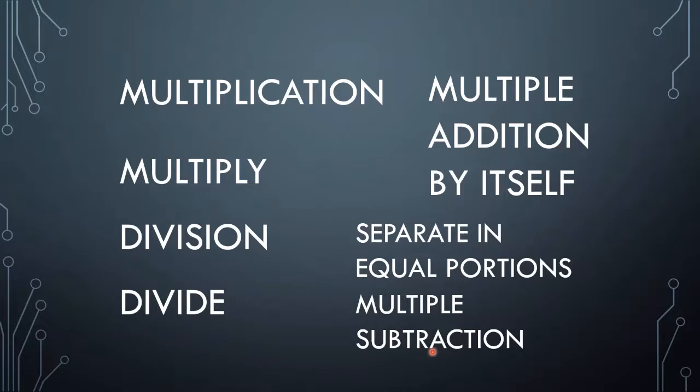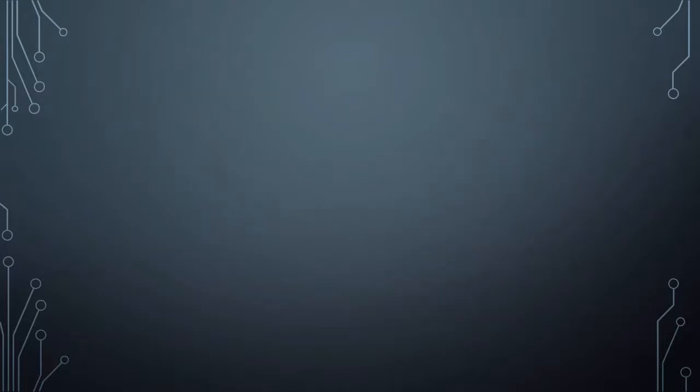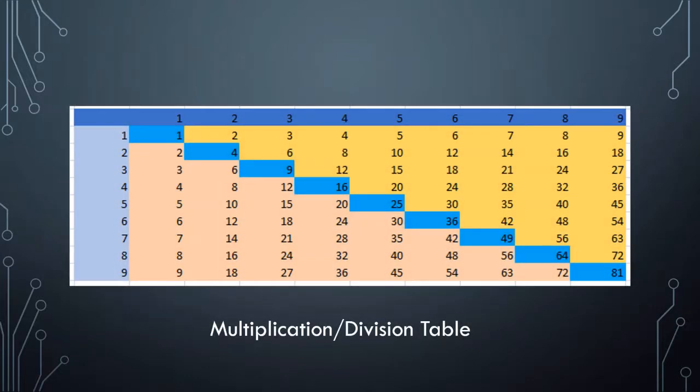Or if it's not really equal, what you will have is a remainder, like what happened in one of our examples. So basically, we also learned about the multiplication and division table for the numbers 1 to 9, which is very useful, as you can see in the earlier examples that we did. So that's it.